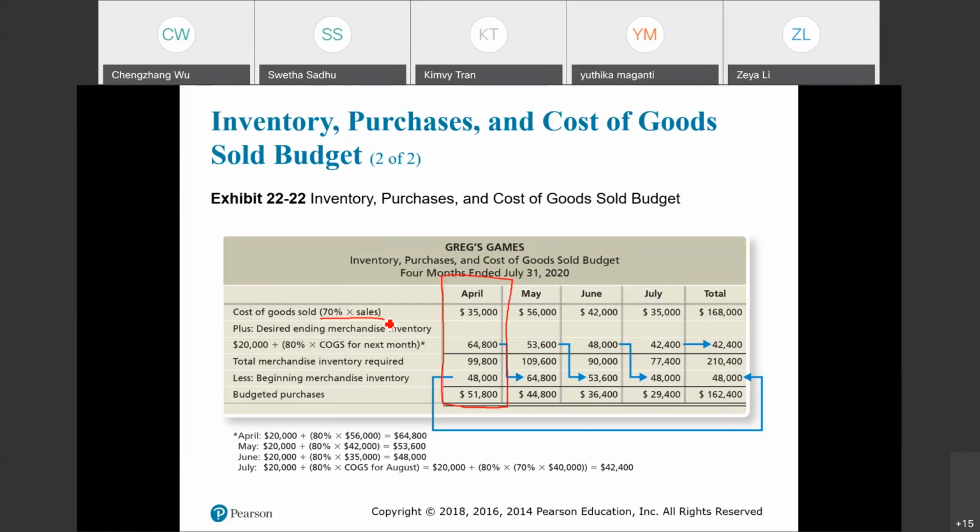So 70% times 50,000 is 35,000, which is the budgeted COGS for April.